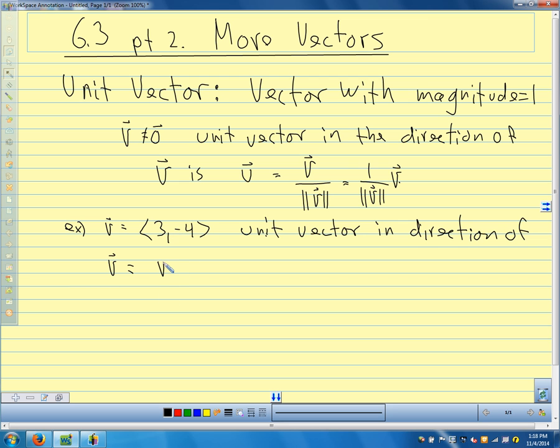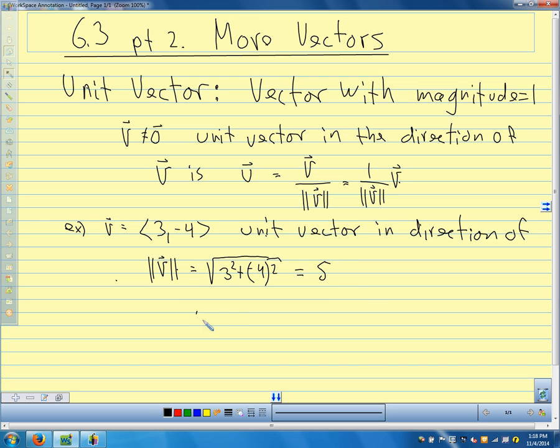So the magnitude of v is going to be the square root of 3 squared plus negative 4 squared. And what's that going to be? Hypotenuse of a right triangle with legs of 3 and negative 4? 5. So our magnitude of vector v is 5.